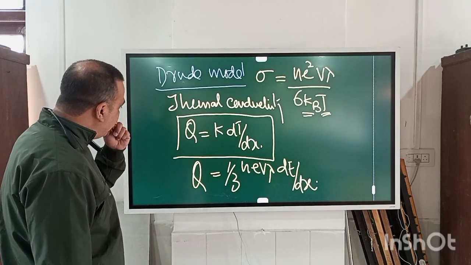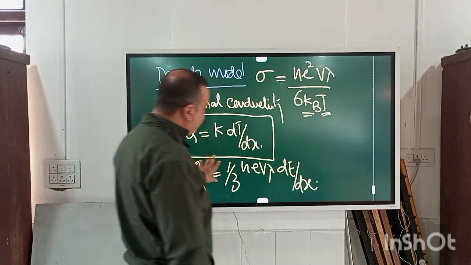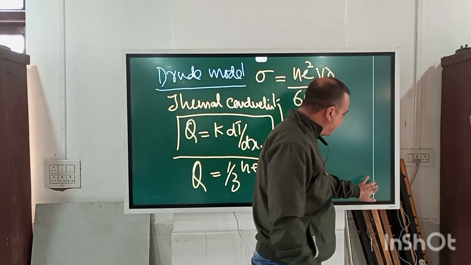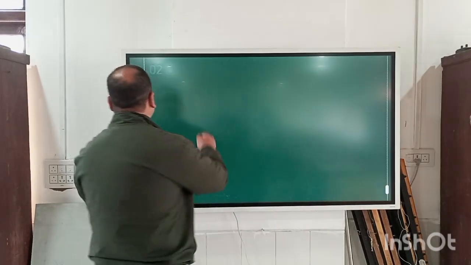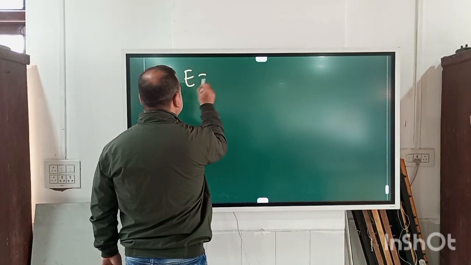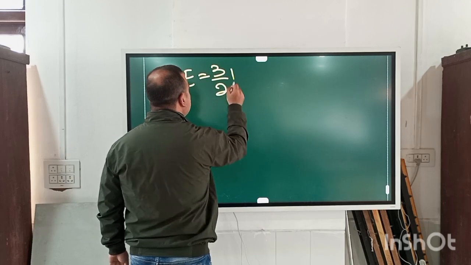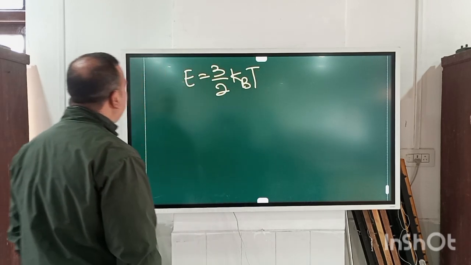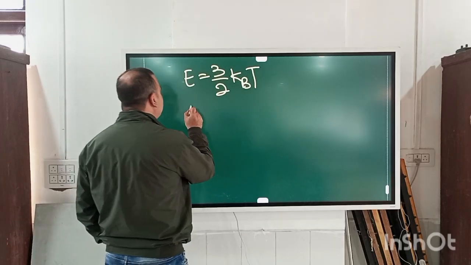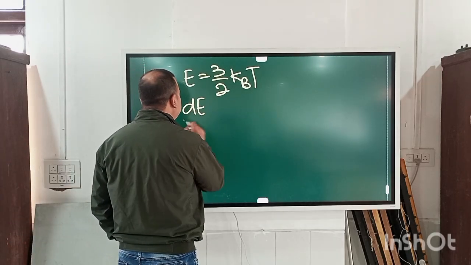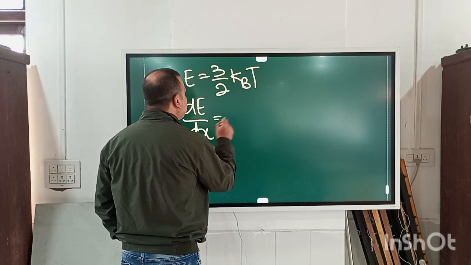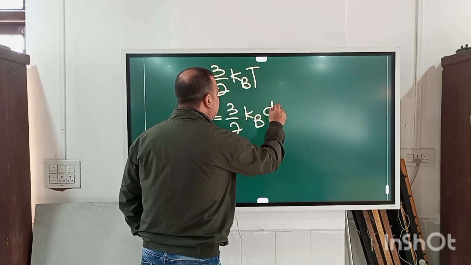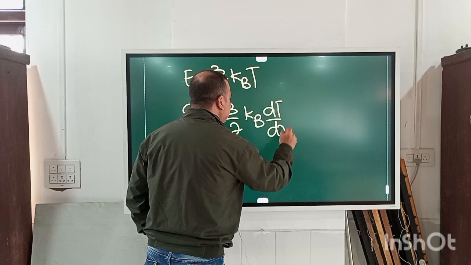So if I look at this equation, and if I know from classical theory that the energy is 3 by 2 kBT, and if I differentiate this with respect to x, I'll get dE by dx is 3 by 2 kB dT by dx.